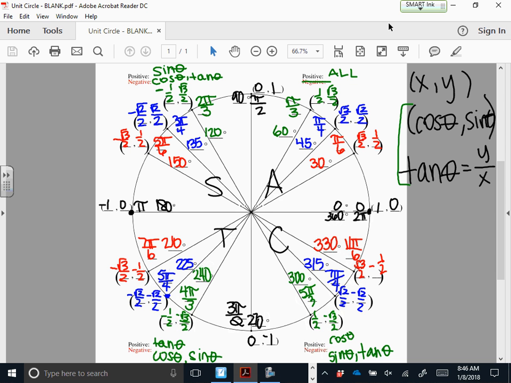Now, when we take the reciprocal for the cosecant, we get negative 2 over radical 2. When we rationalize it, it becomes just negative radical 2.